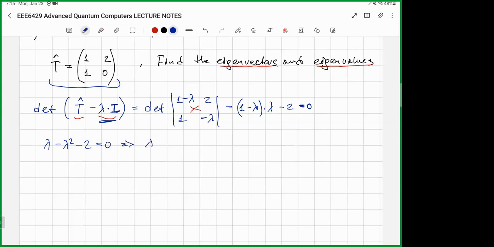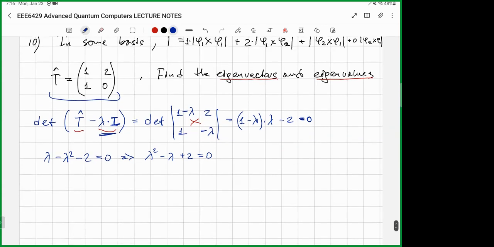Hence, alpha squared minus alpha plus 2 is equal to, oops, something. Give me a second. Looks like there's a minus missing on the first term. Minus lambda in the equation.